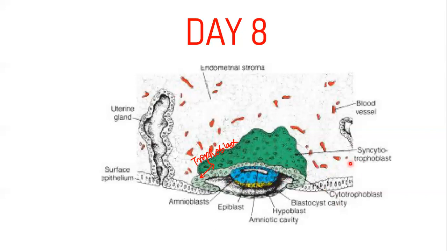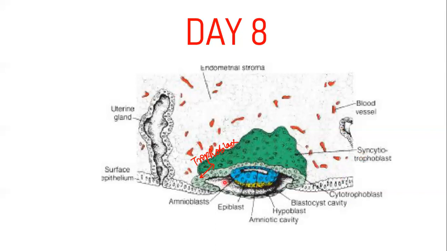Now this syncytiotrophoblast is the one that is going to secrete the hCG. When we talk about endocrinology in the further classes, we'll be talking about the role of the syncytiotrophoblast. For now, just understand that the trophoblastic cells are divided into two, the syncytiotrophoblast and the cytotrophoblast.